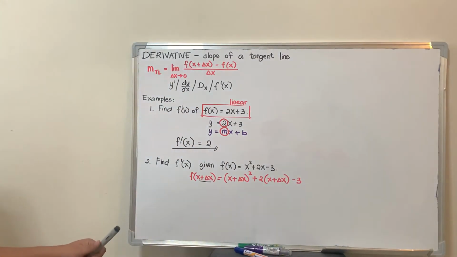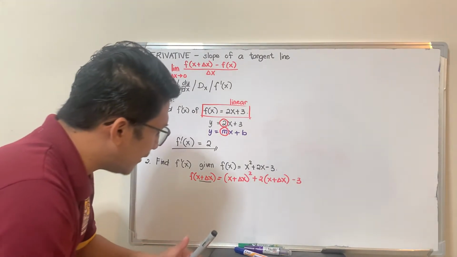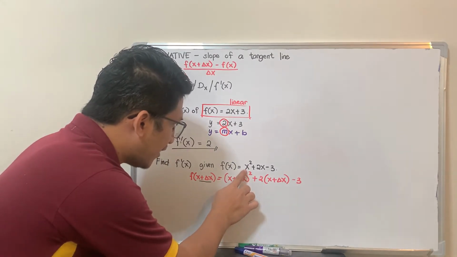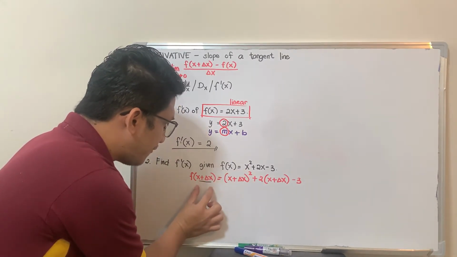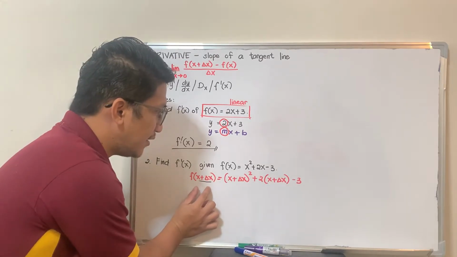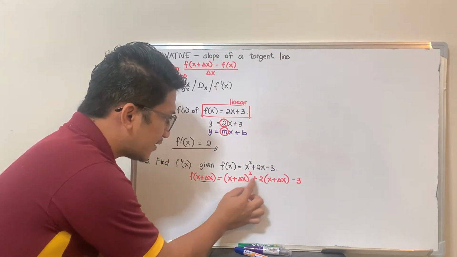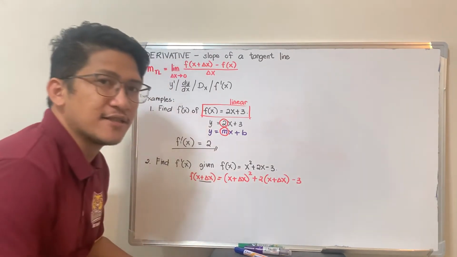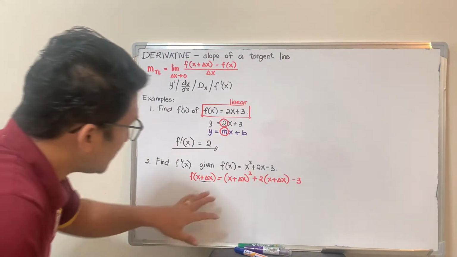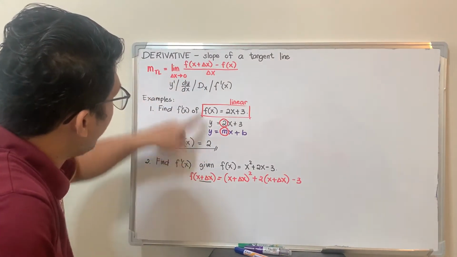Hopefully that's clear. I simply replaced the x with whatever is inside the parentheses. So this is the value of f of x plus delta x.